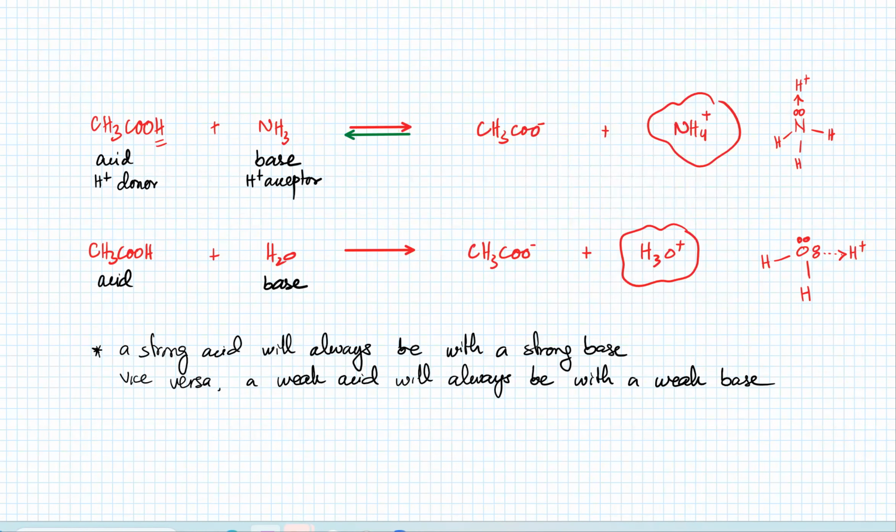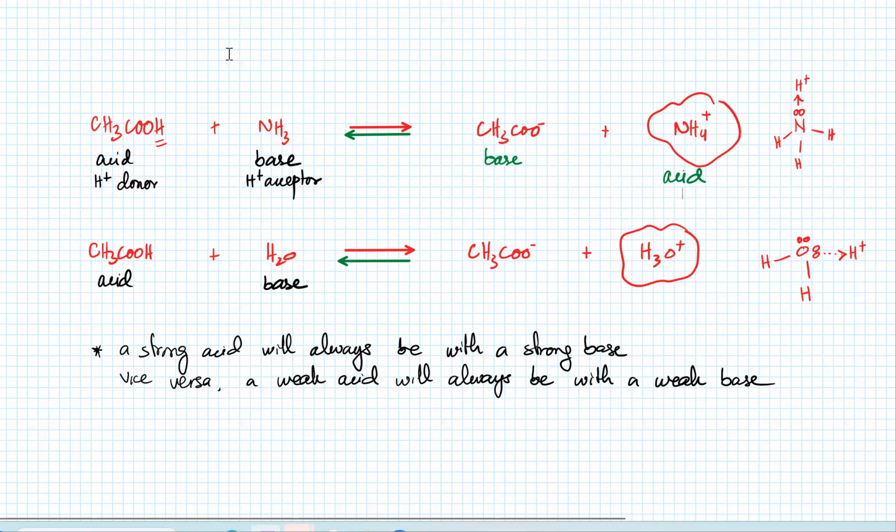So they can also happen in the backward direction. Now when they happen in the backward direction, this one is going to be your base, and this one, think about it in the backward direction. Now this one, if it goes back, accepts H plus ions, right?